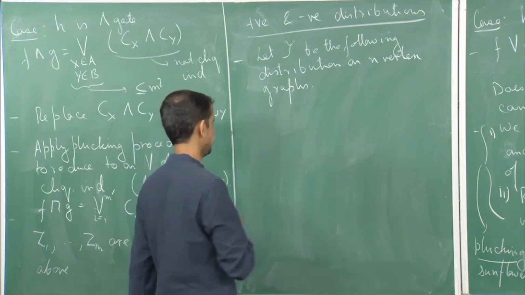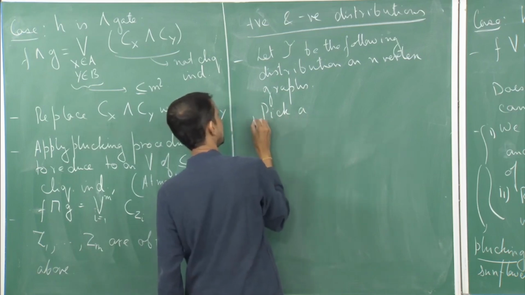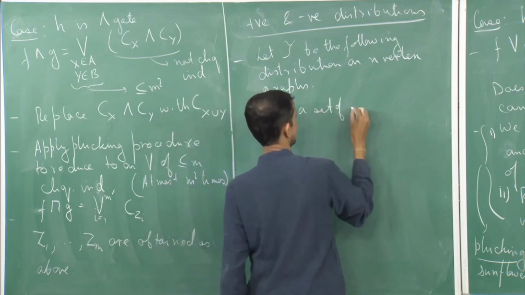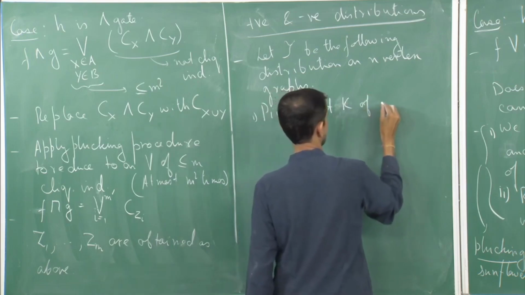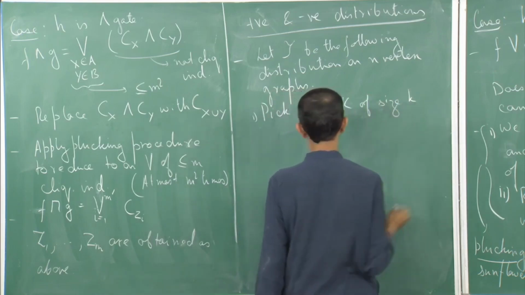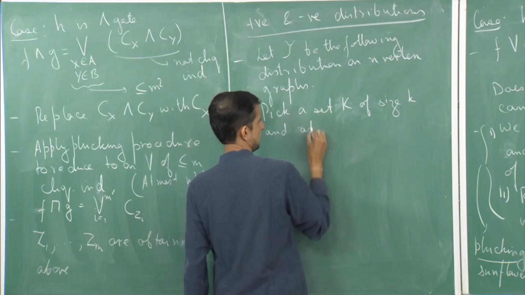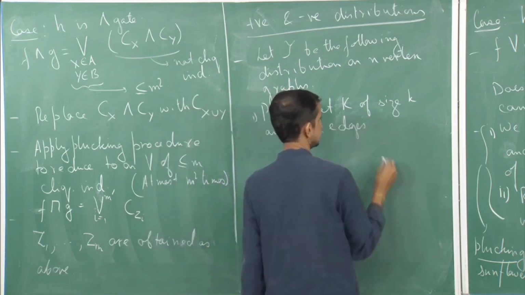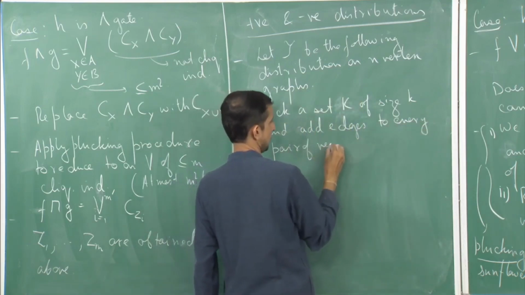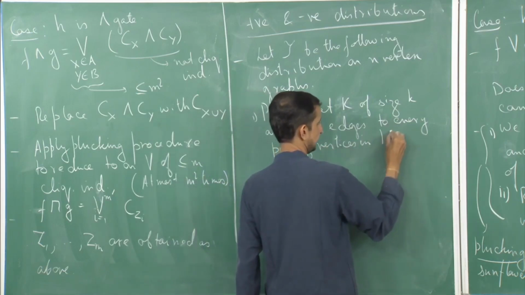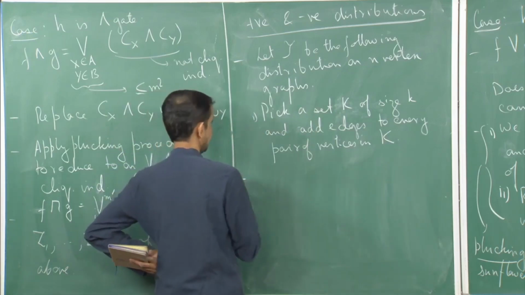So given n and k, of course n and k are inputs, pick a set, let's call it K, of size small k, and add edges to every pair of vertices in K. Okay. This is basically the Y graphs.